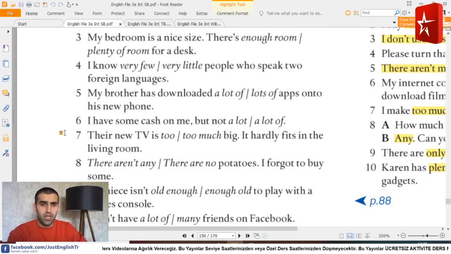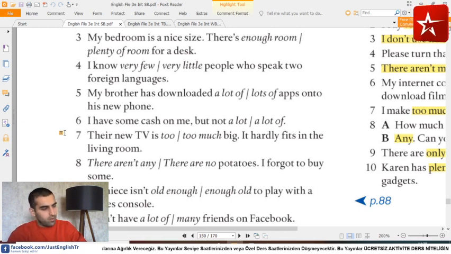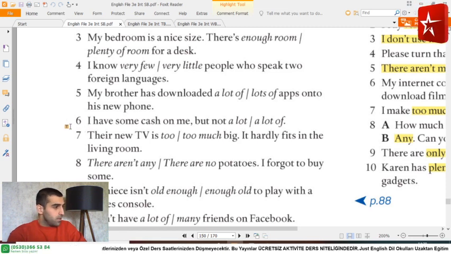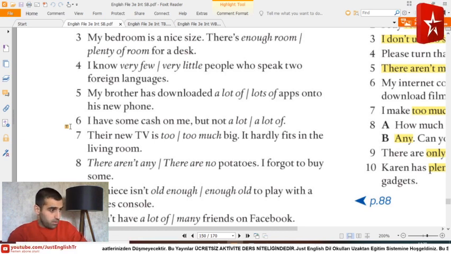This is a tricky question. Be careful with this sentence, please. Melis says a lot. NS says a lot of. Uğur says a lot. Irina says a lot.